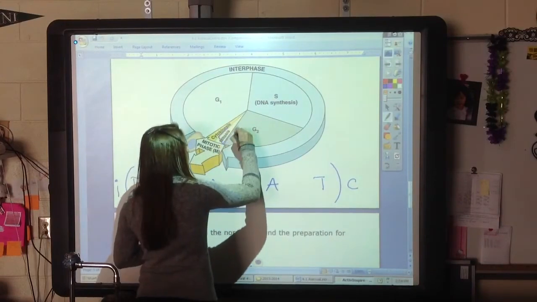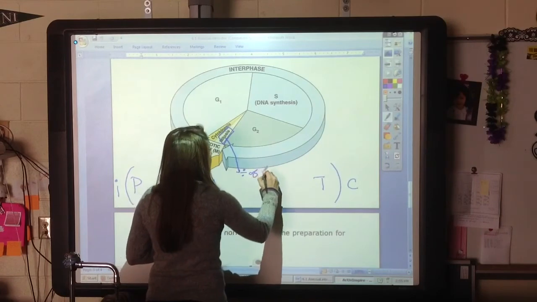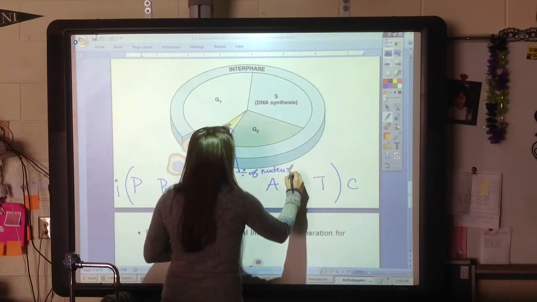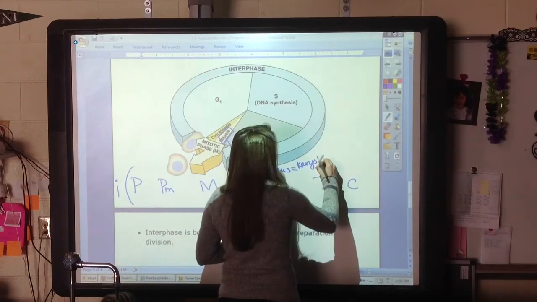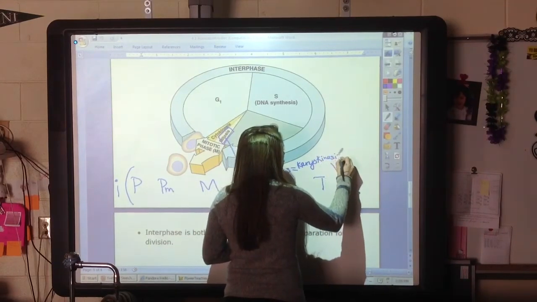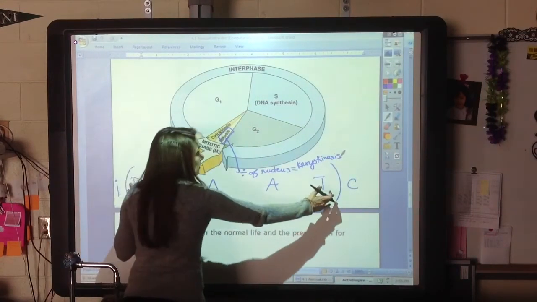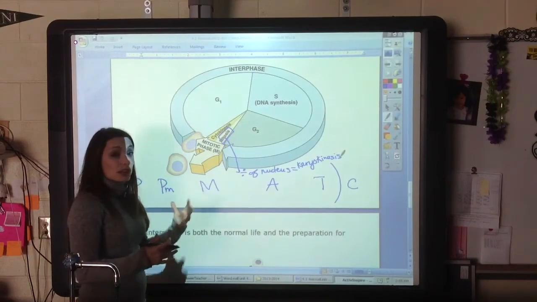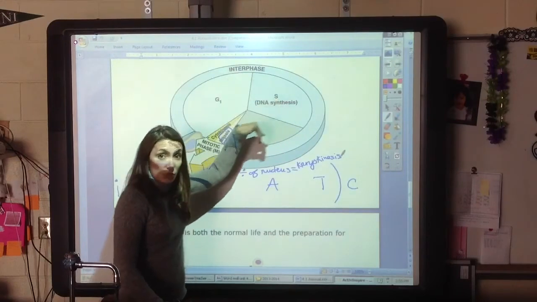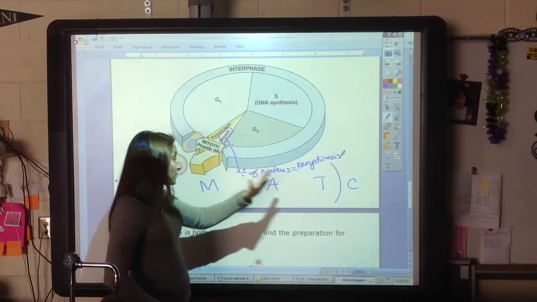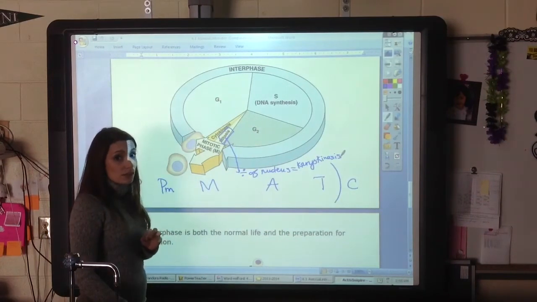Mitosis is the division of the nucleus, and we also call this like eukaryotic kinesis, division of the nucleus. So these phases are how we're going to divide the nucleus or the chromosomes. But before we can do that, we have interphase, which comes in 3 phases. And after we've divided the nucleus, we still have cytokinesis to divide the rest of the cell.